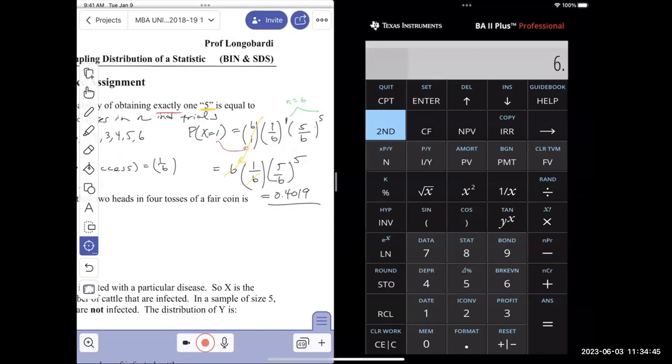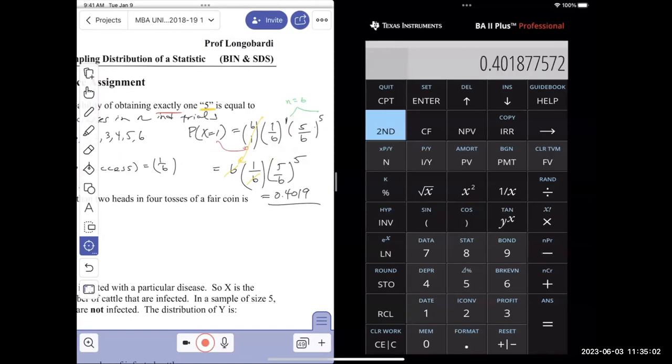Times 1 divided by 6, let's say you just didn't know how to simplify it all, times, I think you have to put this one in brackets, 5 divided by 6 close to the power 5. And you get the same answer.